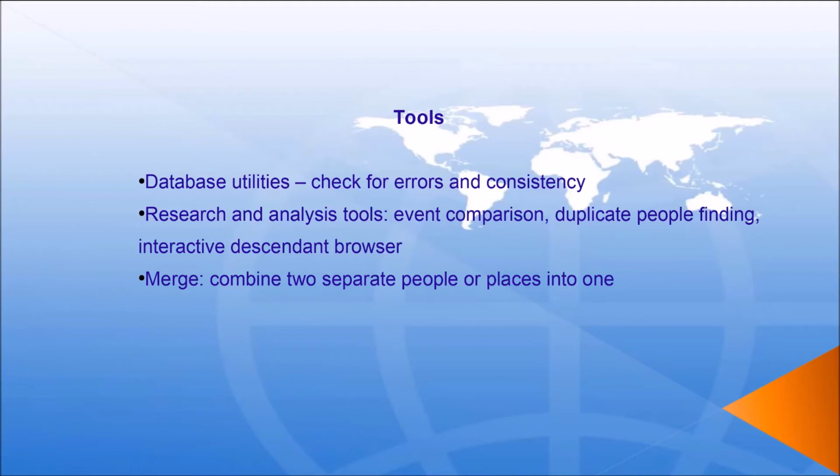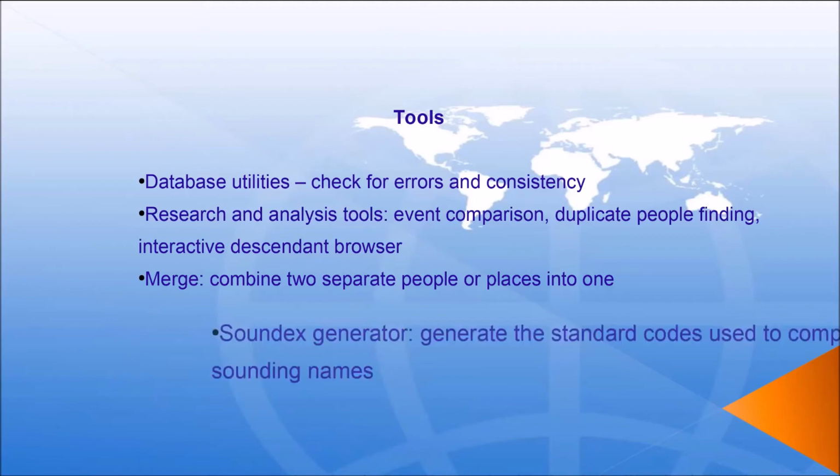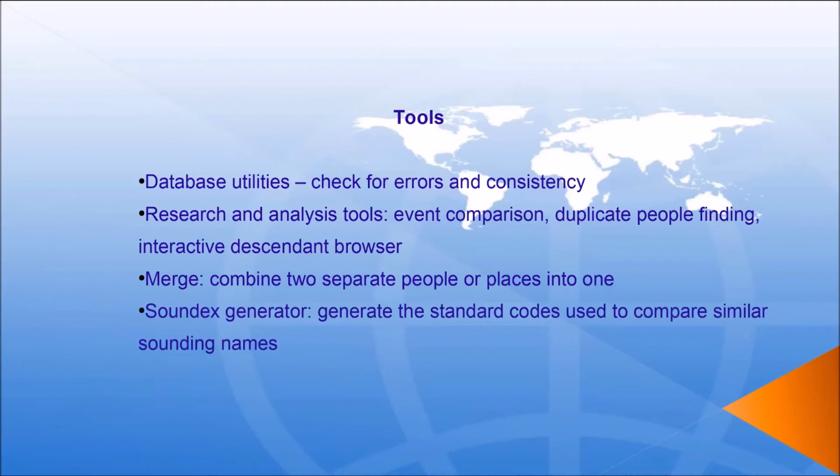And frequently those two people data entries have different bits of information, and I can decide what to pull into the person. Additionally, early on, I was not real consistent about place names, and I can now merge 2 places into one. And I've been doing some of that maintenance over the last year. Soundex I've never used, but apparently there are standard codes used to compare similar sounding names.